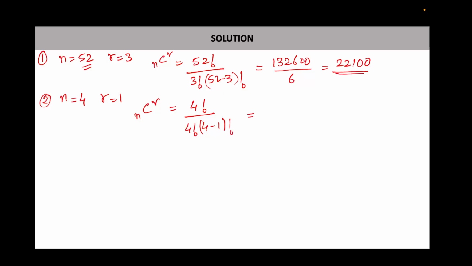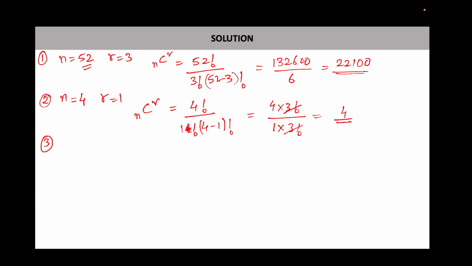So your answer will be 4 into 3 factorial upon 1 into 3 factorial, and your answer will be 4. Of course, this was very logical: if you choose one king out of the four kings in a deck of cards, the combinations possible will be 4. Now we calculate the third combination.